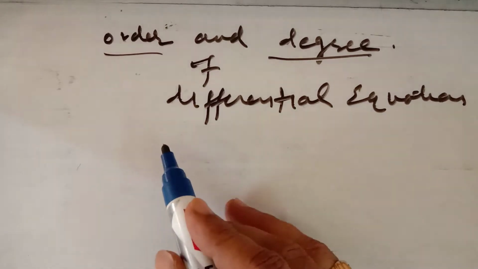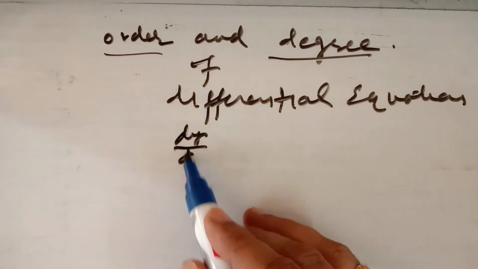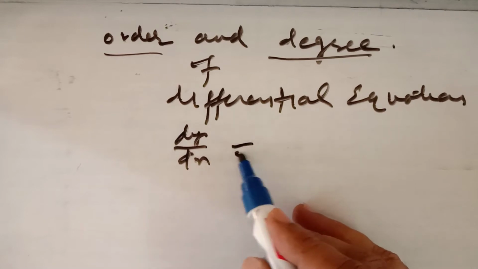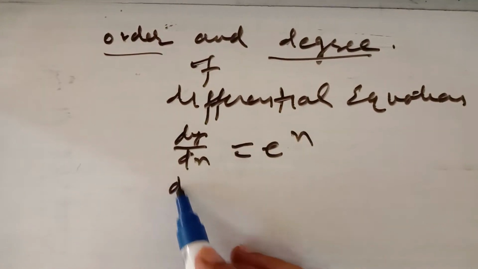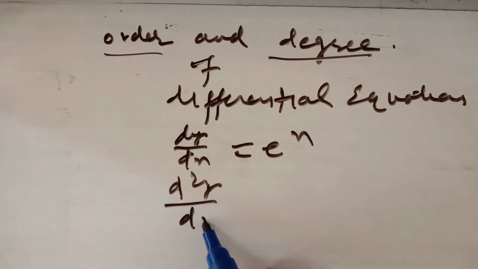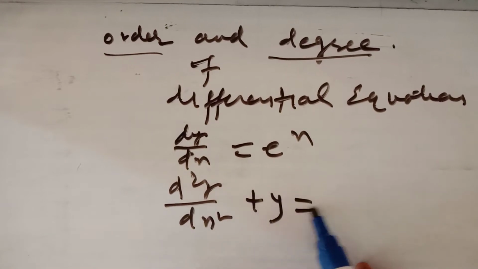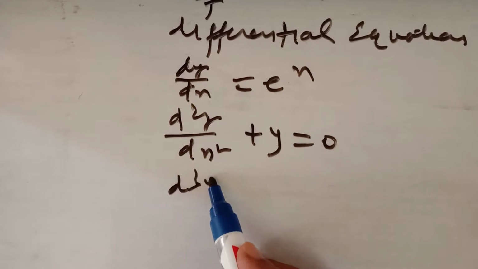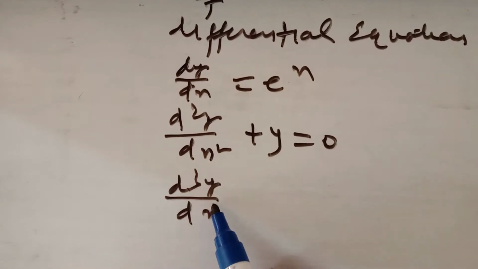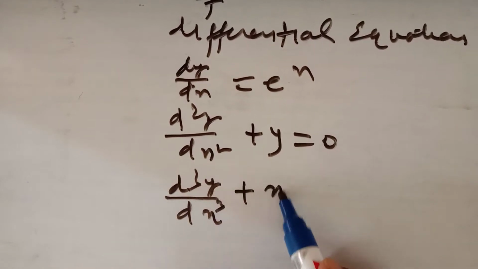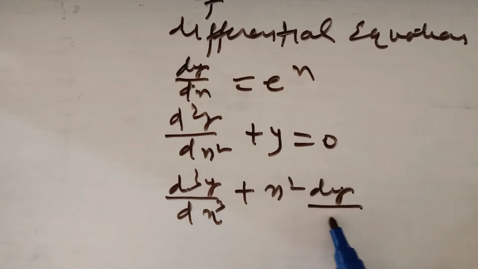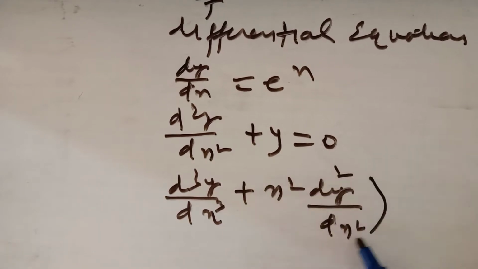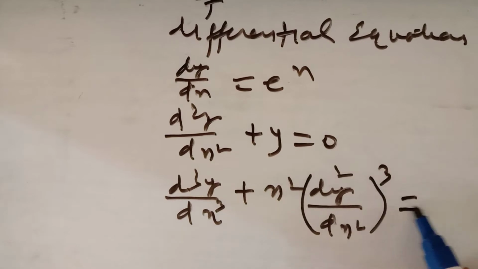Let us take an equation dy/dx is equal to e to the power x, the second derivative of y plus y equal to 0, and let us take the third derivative of y with respect to x plus x square, and this is equal to 0.